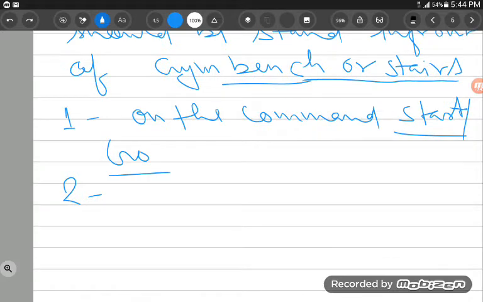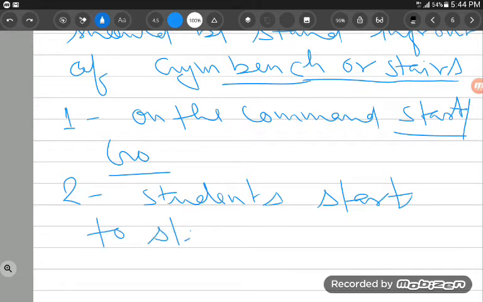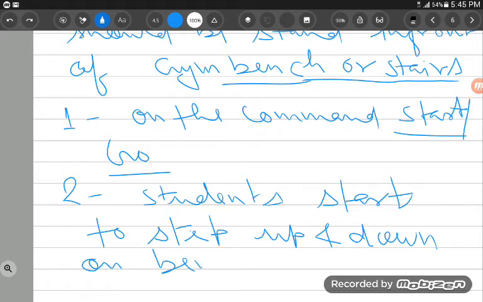Then students start to step up and down on the bench.